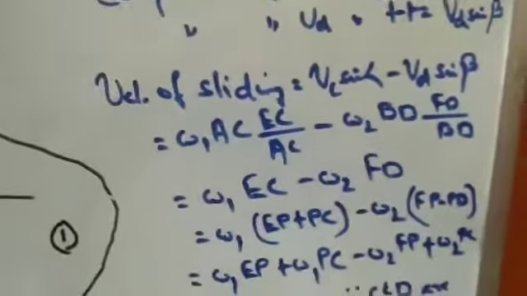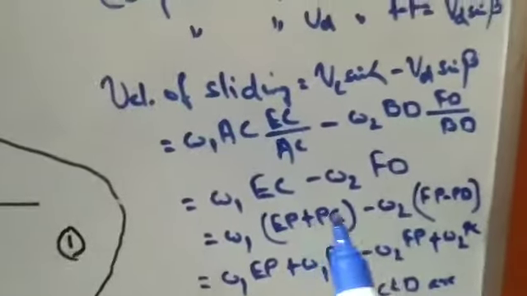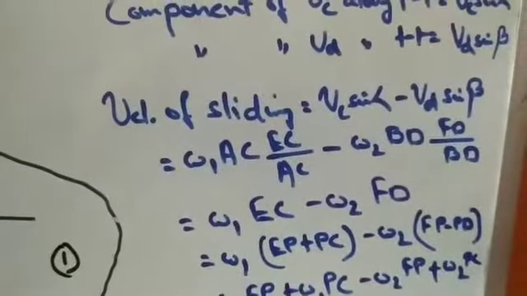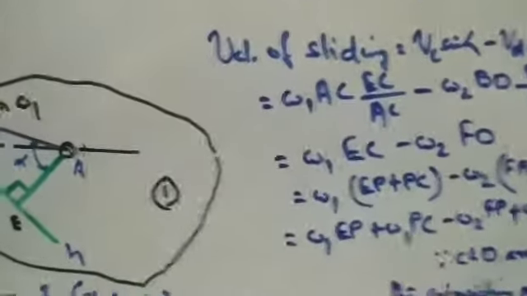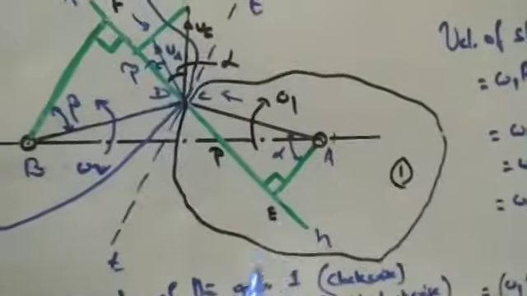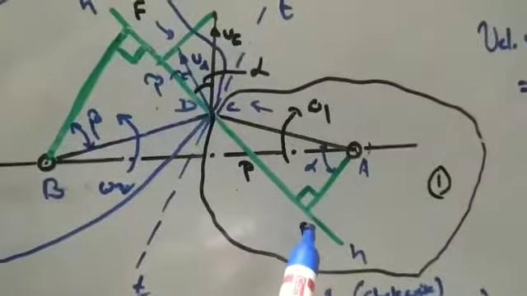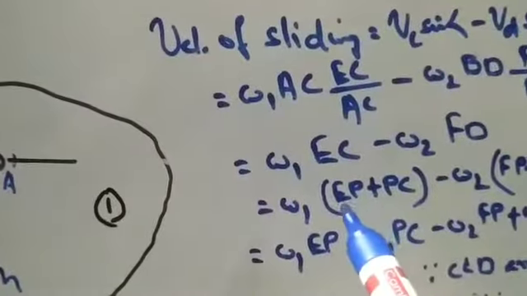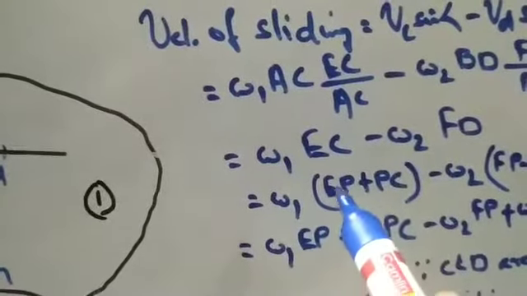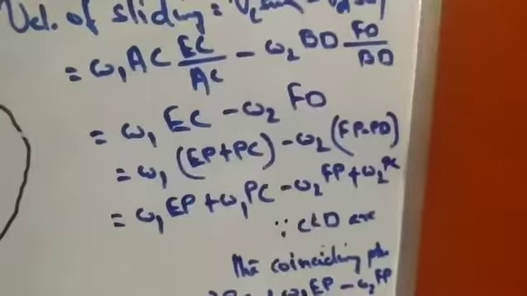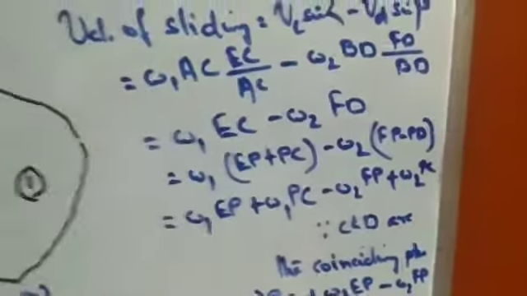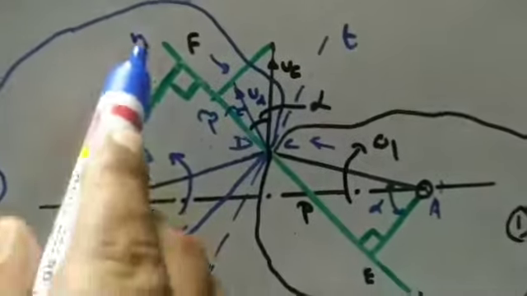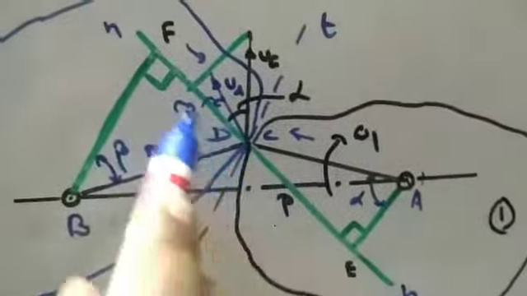Now AC cancels out and it becomes omega 1 into EC minus omega 2 into FD. The line EC is broken into two parts, EP and PC, and FD is written as FP minus PD.